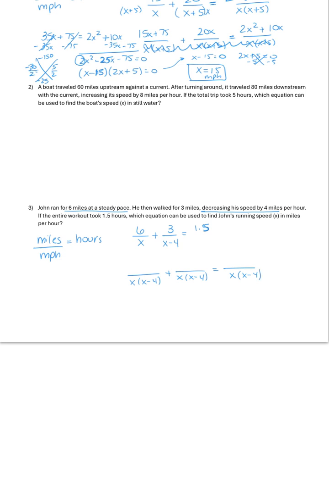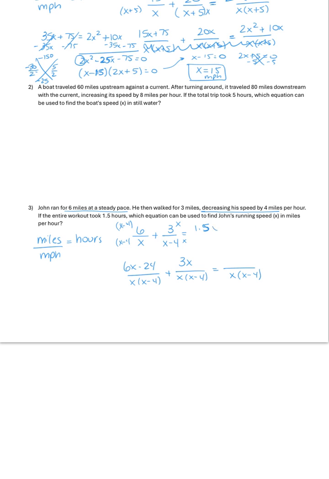And don't let that 1.5 make you nervous. We'll figure that out. So I'm going to do the first one by x minus 4, so that's going to give me 6x minus 24. The second one, I have to multiply by x, so that's just going to give me 3x.